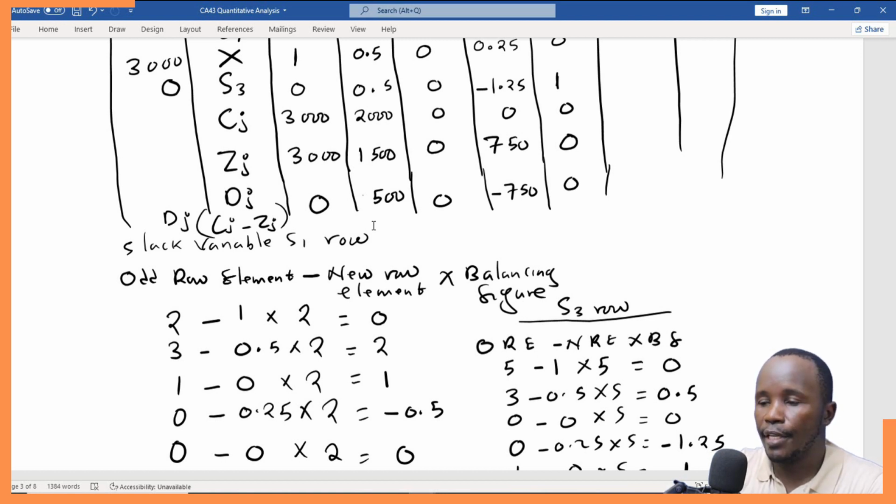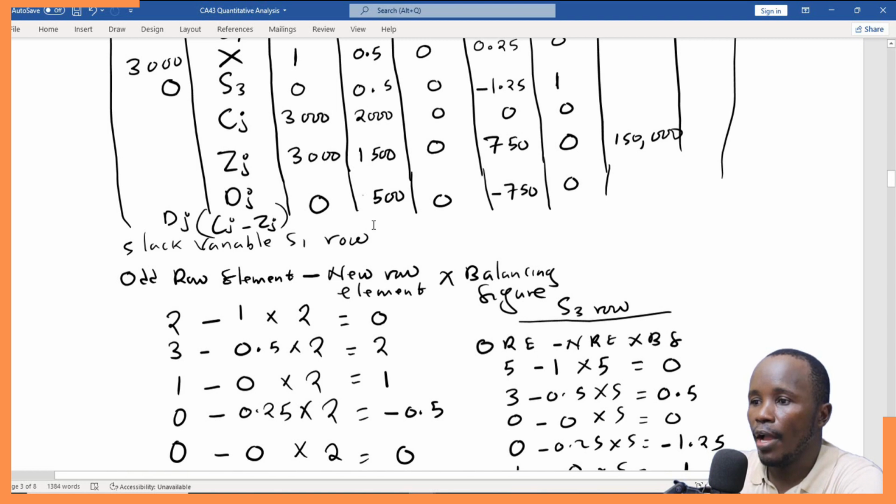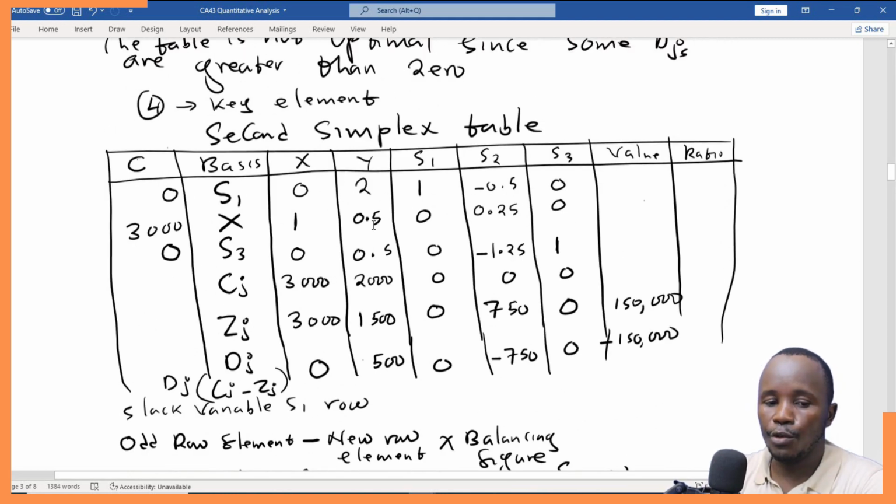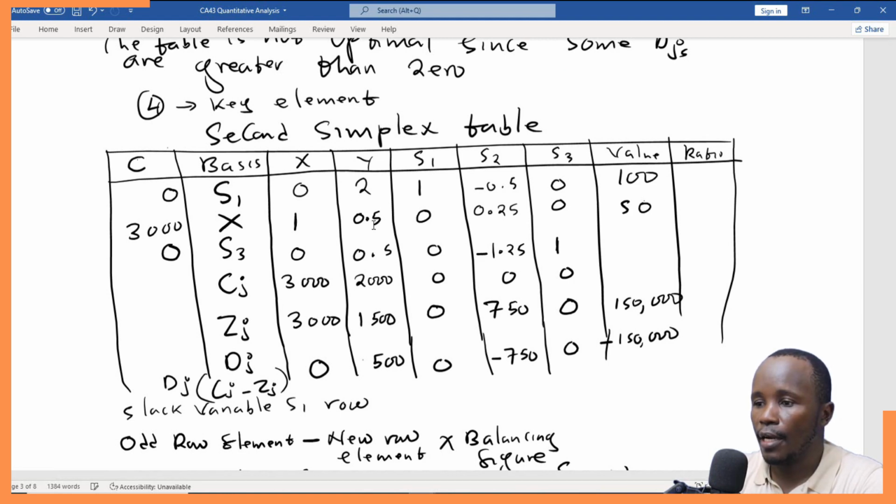And this one has already been given, if I pick 3000 times this, you get 150,000. Zj. And then Cj minus this, it's going to give me negative 150,000. And the values here we have is 100, then here you have 50, and this is 150, and this is 0.